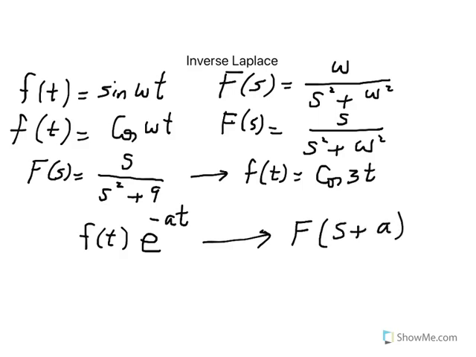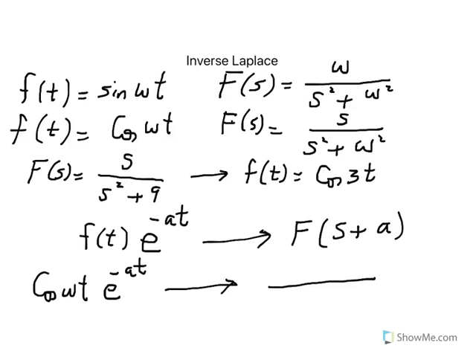So it would be f of s plus a. For example, if our function is cosine omega t times e to the minus at, what would be the Laplace of this in the s domain?